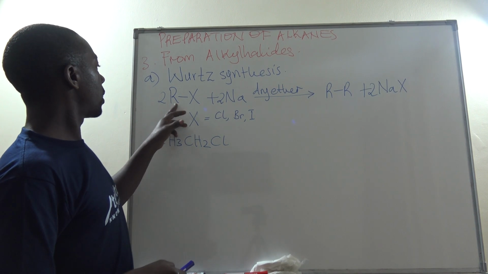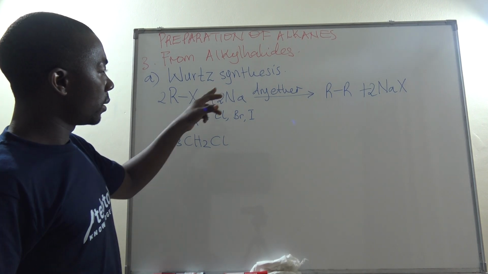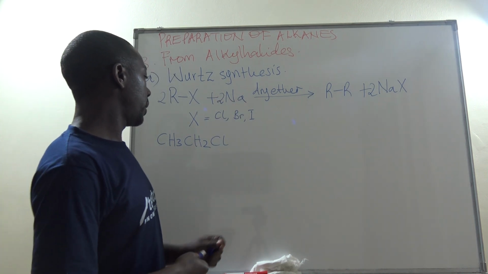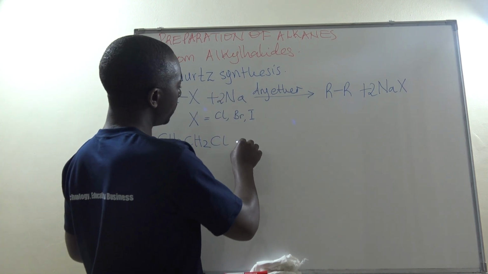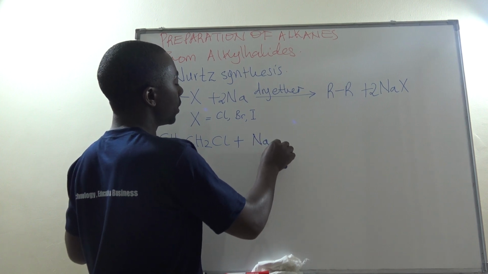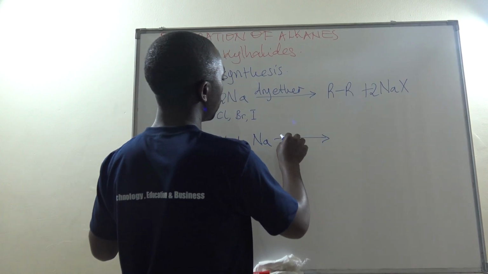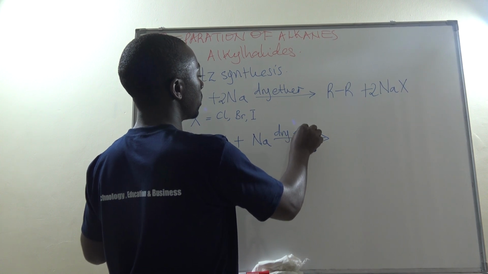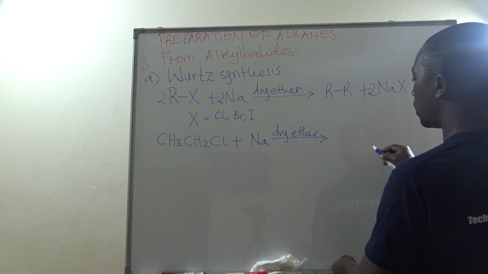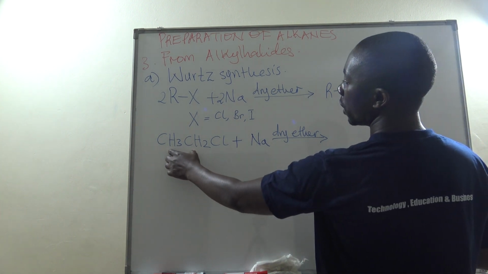So that we have 2 R groups here, 2X, these are also 2X, 2 sodiums, we shall also need 2 sodiums here. Now if we react this with sodium in the presence of dry ether, we shall be very sure that we increase these 2 times.